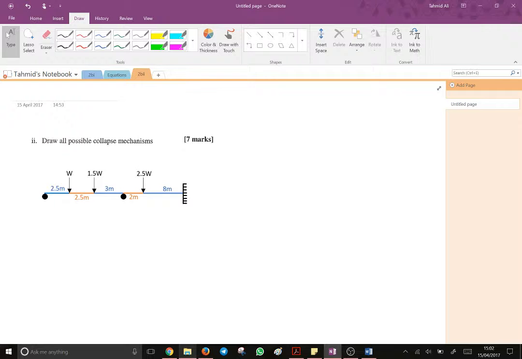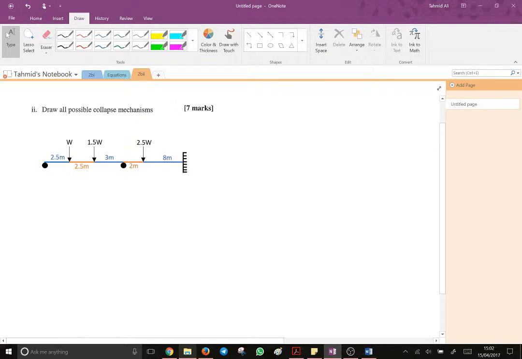So indeterminacy is calculated by using the following equation, which is R minus 3 minus G. Now, where R is the number of reaction forces, 3 is the number of equilibrium equations, and G is equal to the number of joints.